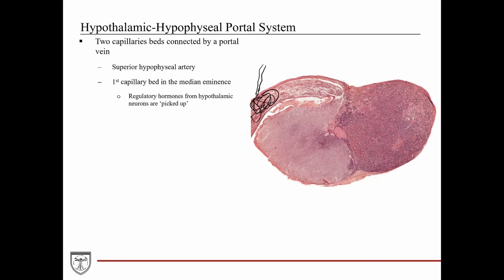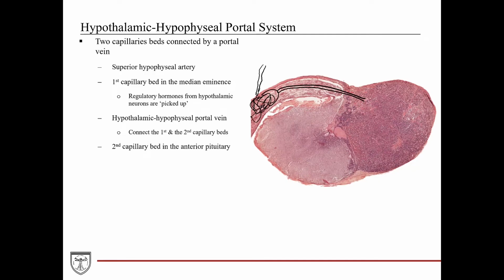All of these regulatory hormones are then carried away by the hypothalamic hypophyseal portal vein, which then drains into the second capillary bed positioned within the anterior pituitary.